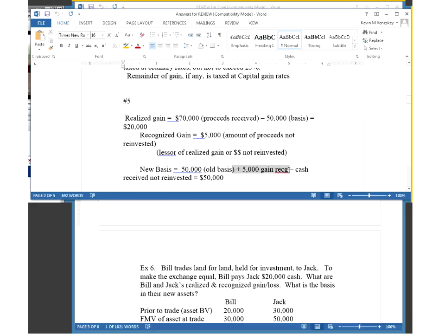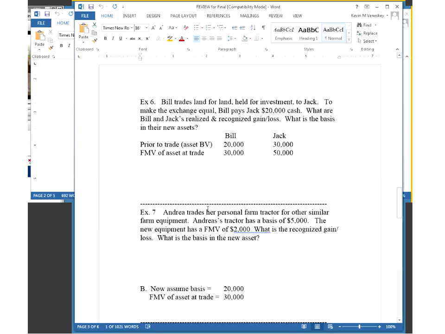And this one will turn out to be the same because you get to add into your basis any gain you recognize, but then the rule also states you need to subtract the amount of cash you received from your basis. So we did receive an extra 5,000 that we didn't need to invest in. So that takes us back to 50,000, which was the price of our original building, or the value of our original building.